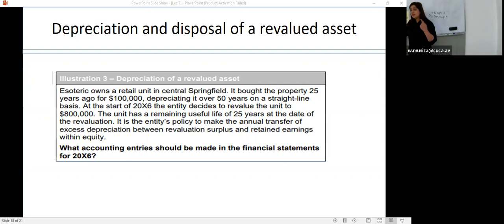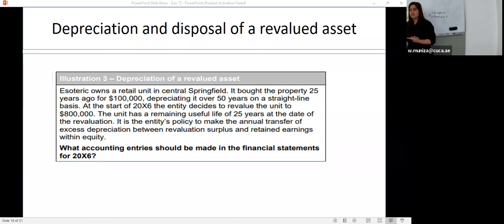Now we have to see the accumulated depreciation charged up till the year of revaluation. So they say at the start of 2006, the entity decides to revalue the unit to 800,000. The unit has a remaining useful life of 25 years. So it means at the time of revaluation, the asset has already been used for 25 years.